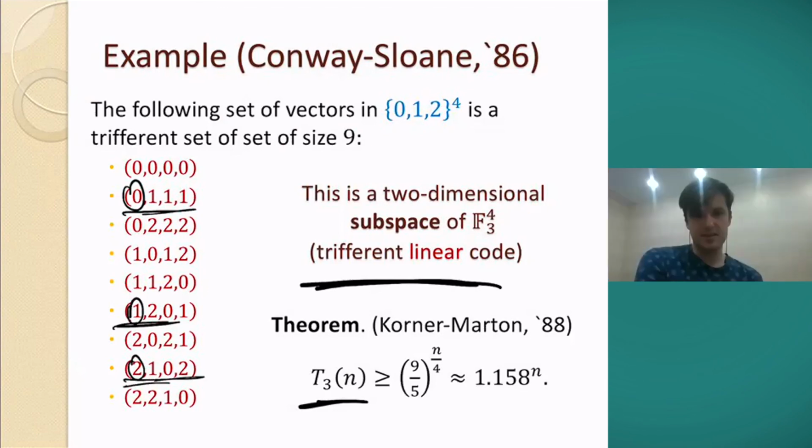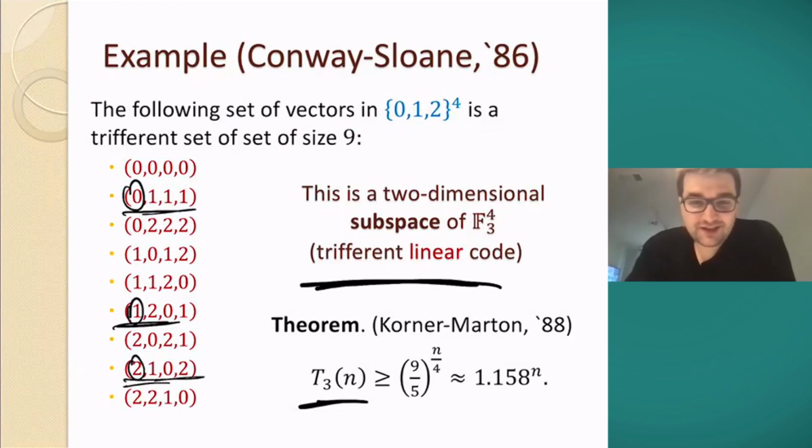I see. I just know that there was some improvement just for k-perfect hash codes recently, also using a combination of probabilistic arguments and some explicit construction. Yeah, that's also a great question. I think there the situation is not that nice. Surely there's some deletion lower bound that one can do, but I think this code for the trifference problem, the Conway–Sloane code, is somewhat special.